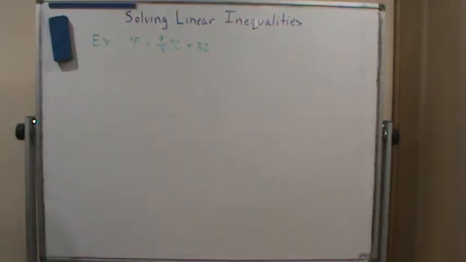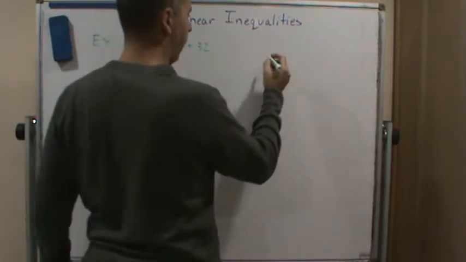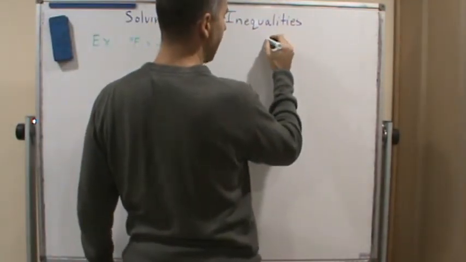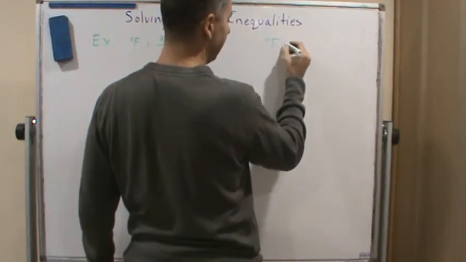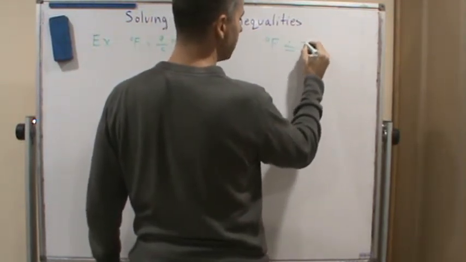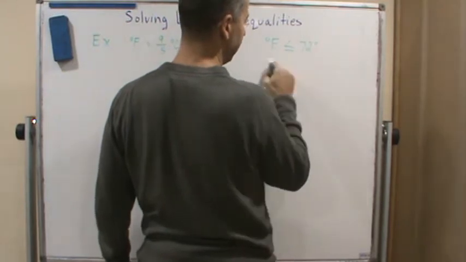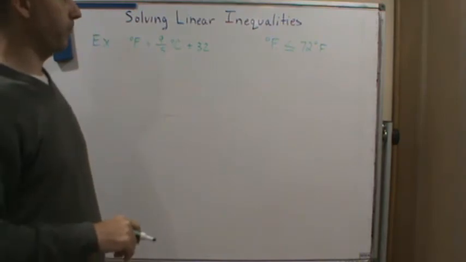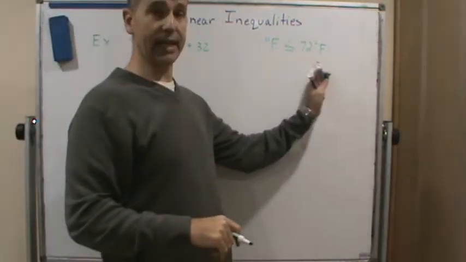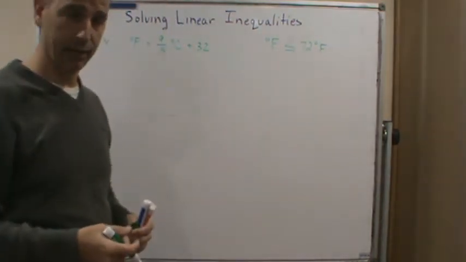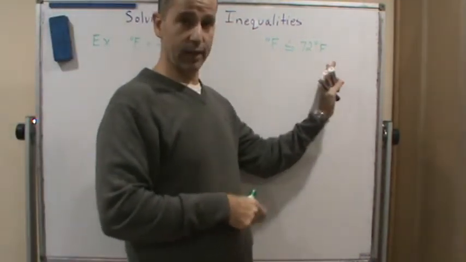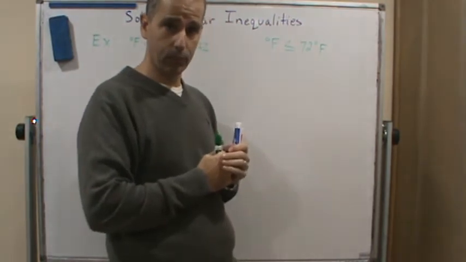We're talking about degrees Fahrenheit. So when the temperature in degrees Fahrenheit is less than or equal to 72 degrees Fahrenheit, then the heating element automatically kicks on. And when it gets above 72 degrees, it shuts off.